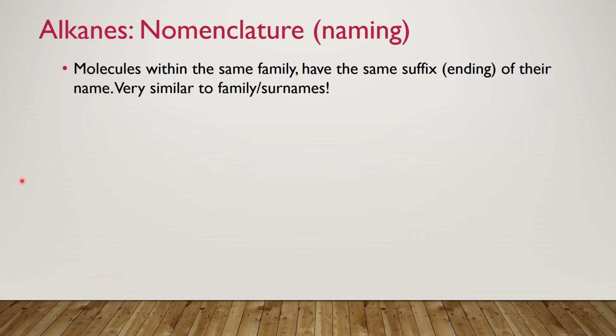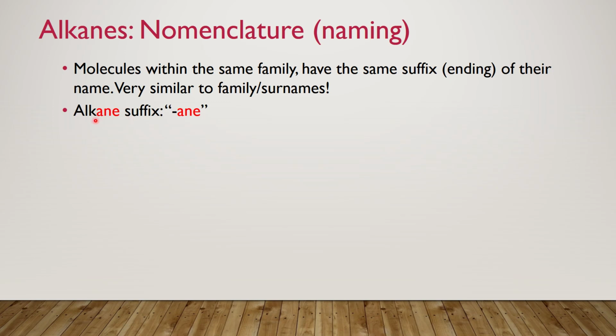Now we are discussing the naming process of these molecules. It's very good with our homologous series. They all have the same ending to their name. Just like our family names, we all belong to the same family, so our last name, or surname, is always going to be the same.